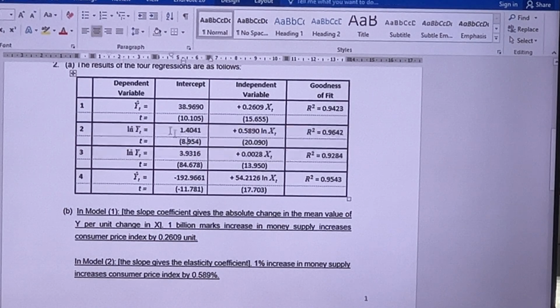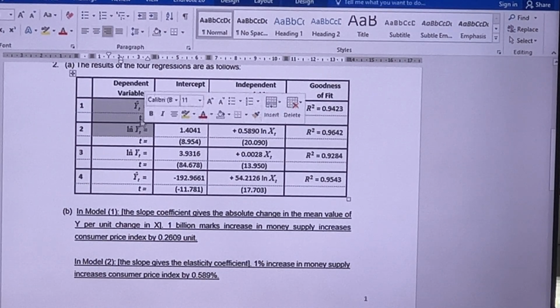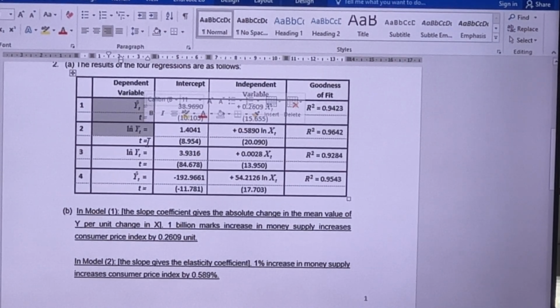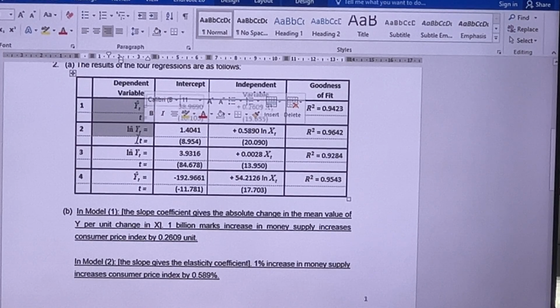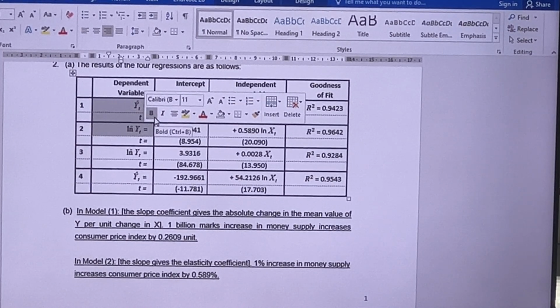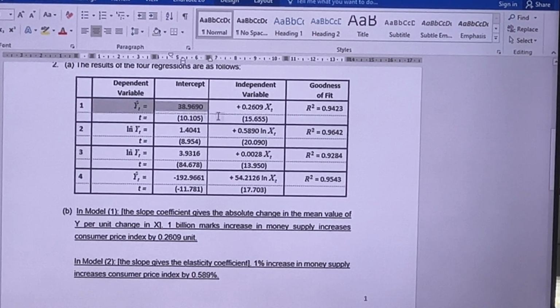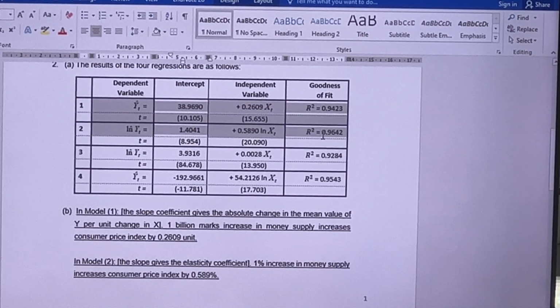But you cannot compare model 1 and model 2 because model 1 and 2 have different Y and log of Y. Although originally Y, this one is log of Y, so it is no longer in the same form. So you should not compare R square when dependent variables are different.